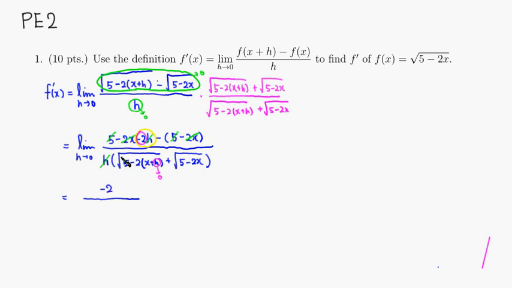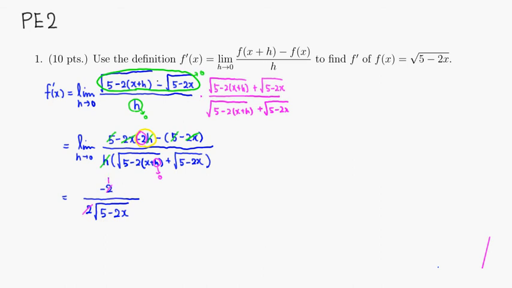Then you have the square root of 5 minus 2x plus another square root of 5 minus 2x, so you have 2 times the square root of 5 minus 2x. Again we can cancel the 2 on the bottom and the 2 on top, so that's going to be negative 1.